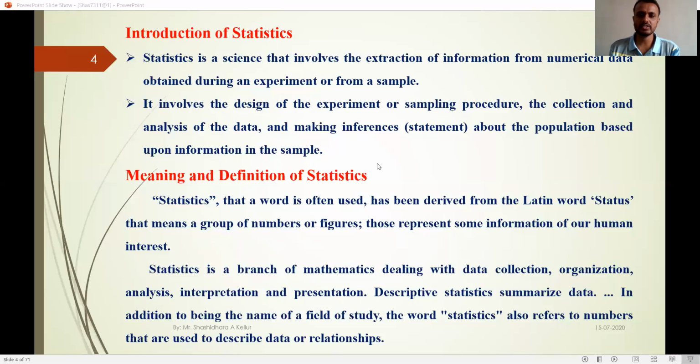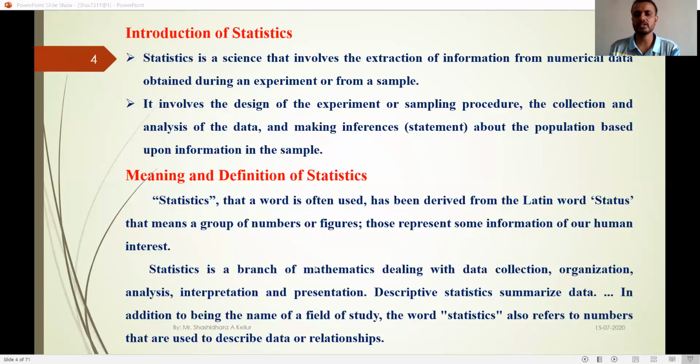Meaning and definition of statistics. The word statistics, which is often used, has been derived from the Latin word status, that means a group of numbers or figures, those represent some information of our human interest.